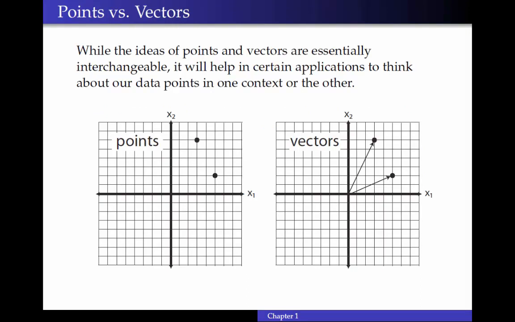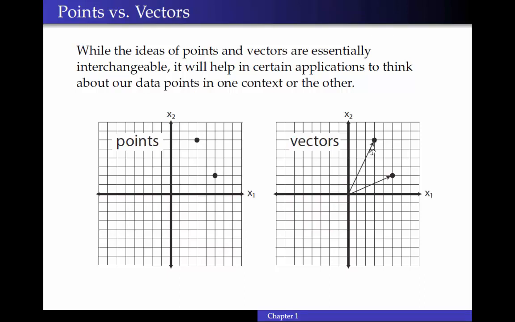So the idea of points and vectors are essentially interchangeable. In certain applications, it will help us to think about our data points in either one context or the other. So the way that they're interchangeable is that a vector is really a list of numbers, right? And so if I only had 2 numbers in that list, I could draw a point at each place where those vectors are giving me coordinates to. But a vector is really thinking about this arrow that points to that point.